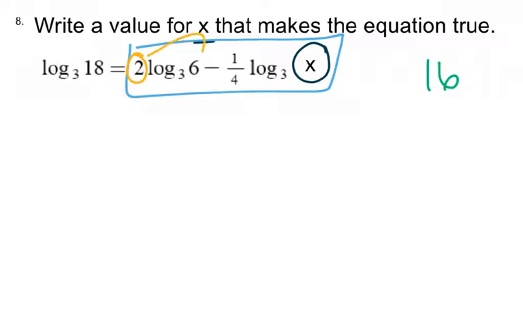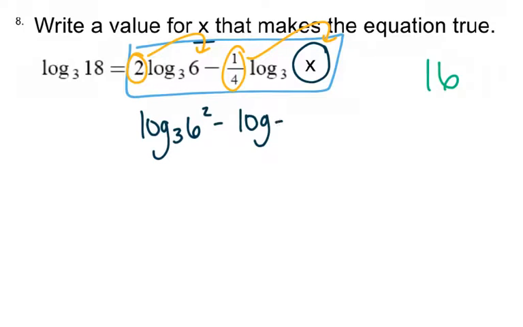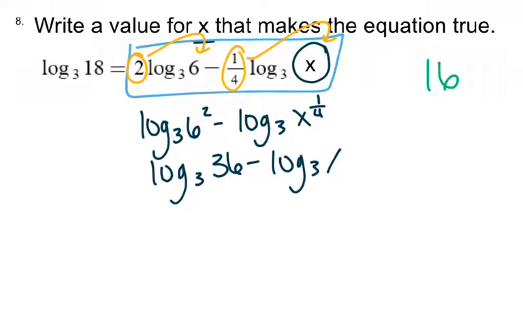So anytime there's a number in front, I'm going to write it as an exponent. Okay, I can go ahead and change 6 squared to 36 if you want to do that. And then because we are subtracting, we can bring that together by division.